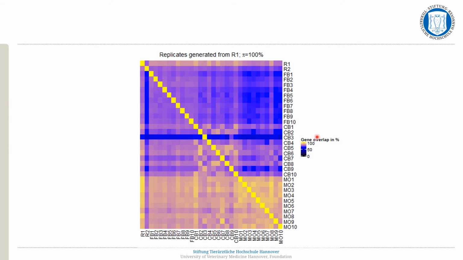And when looking at the first row in the heat map, we can observe that all methods had a strong overlap of genes with the results from the first replicate where the data is generated from.